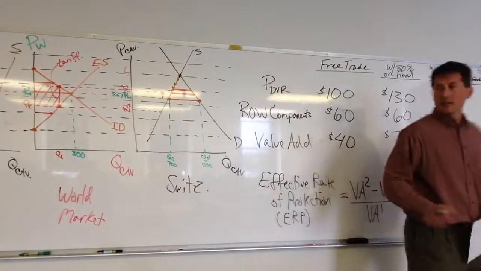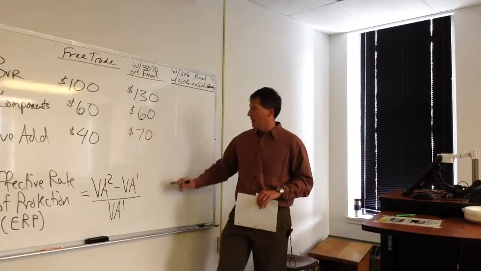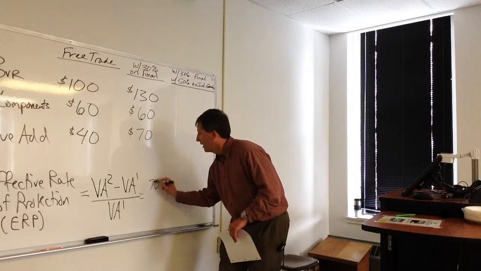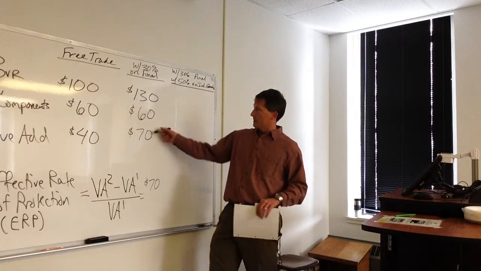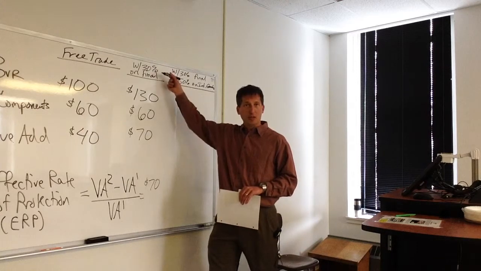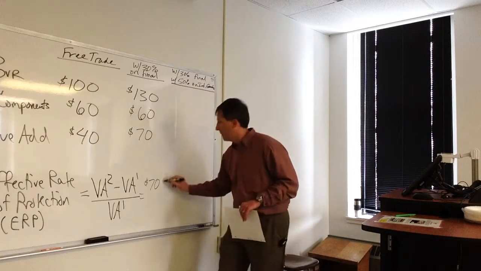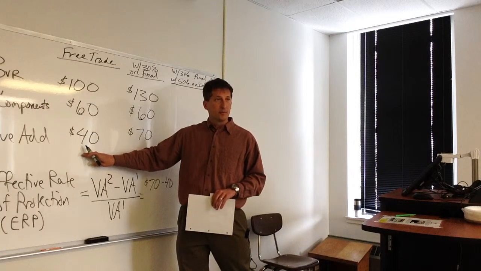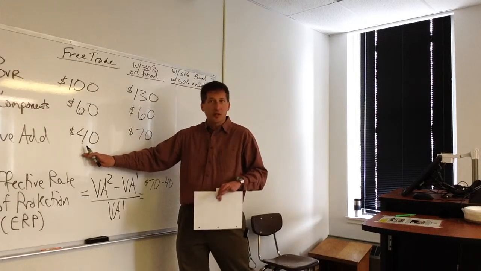So under these circumstances, we've got the United States getting $70 into their pockets from the protection, right? Minus the $40 that they had before. So this is kind of revenue generated, right?